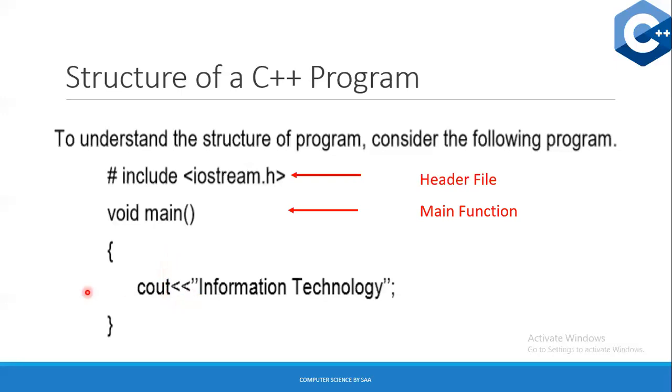If the main function is missing from a C++ program, it will give you an error message. You can try it by using Dev C++. Just comment out the main function, or remove it, and try compiling and executing it. Then you will get a complete understanding of this.